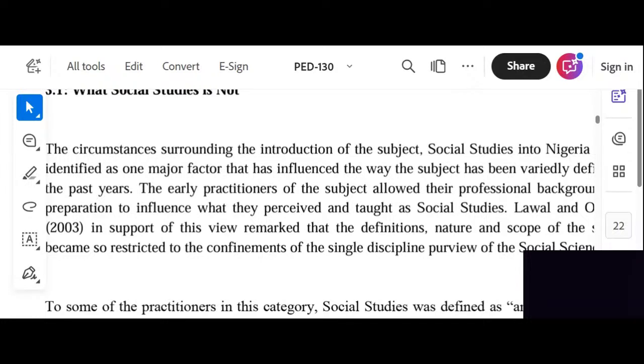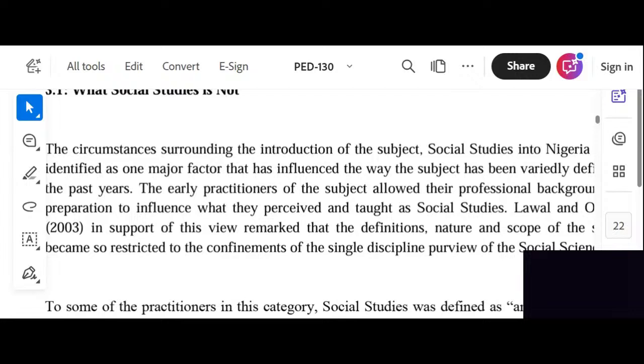Why do we have wrong definitions? Wrong definitions arise from the nature of events that brought in the introduction of the social studies subject into Nigeria.